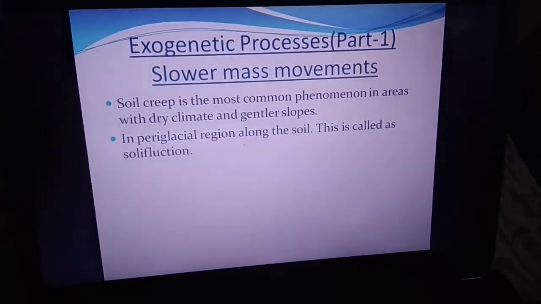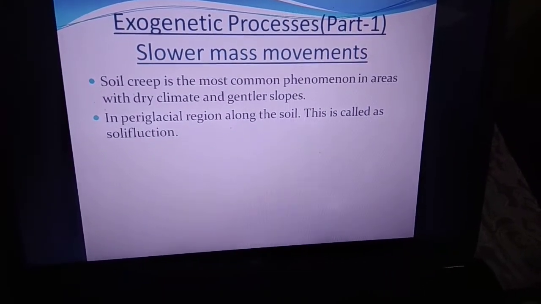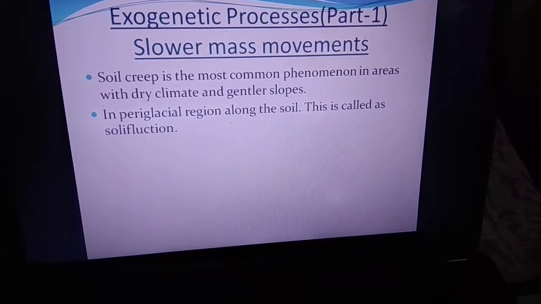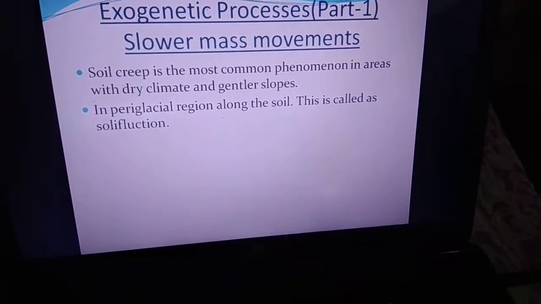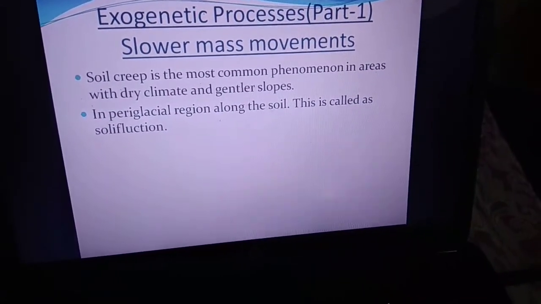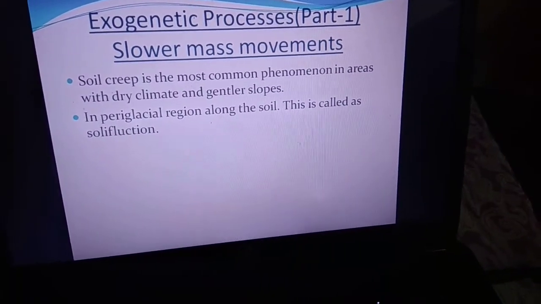Now our next topic is slower mass movement. The first point, soil creep is the most common phenomenon in areas with a dry climate and gentler slope. The second point, in periglacial regions, the flow of soil is called solifluction.